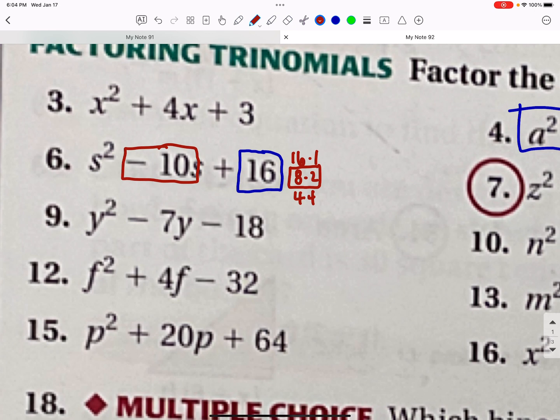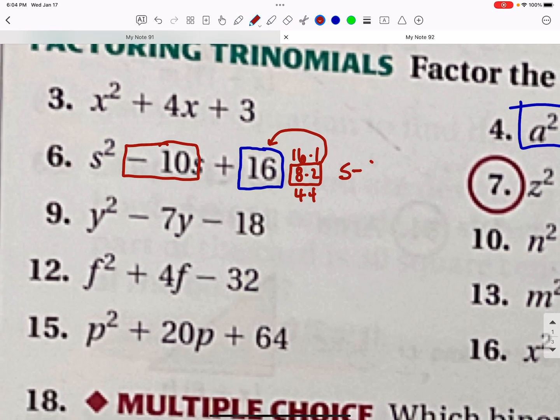And if they're both negative, they multiply to make a positive number. So negative 8 and negative 2 multiply to make 16, and add together to make negative 10. So that's how you factor these.